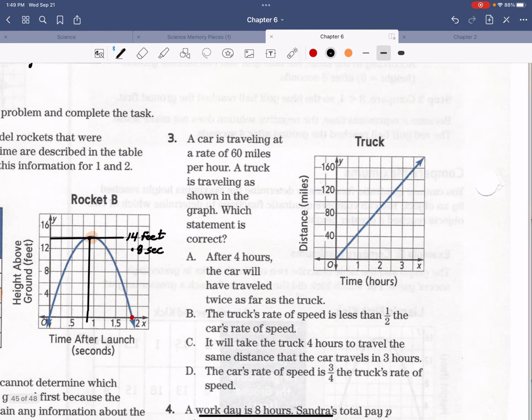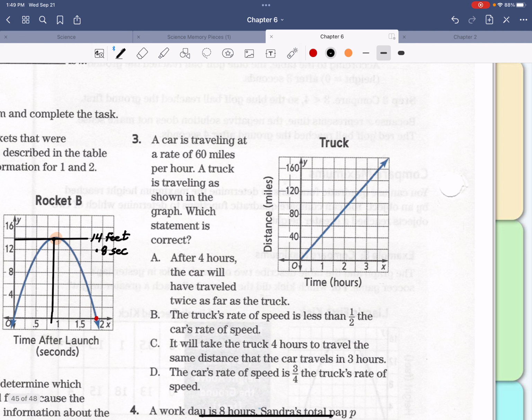Number 3. A car is traveling at a rate of 60 miles per hour. A truck is traveling as shown in the graph. Which statement is correct? Well, the car is at 60 miles per hour, and the truck is about... each of those is 20.